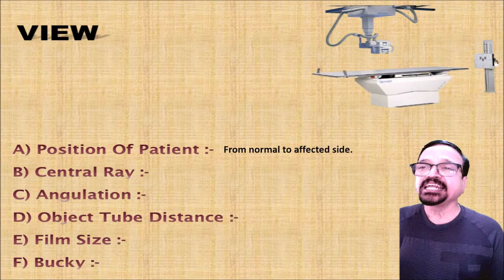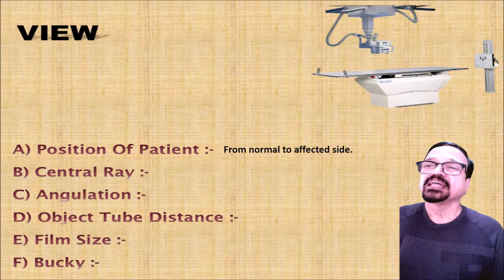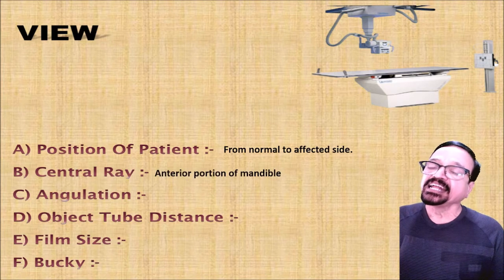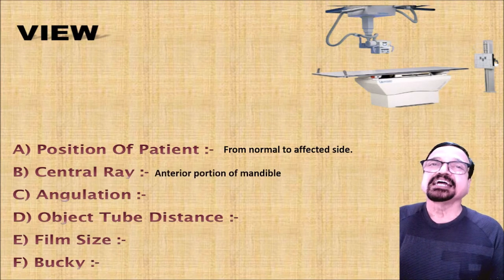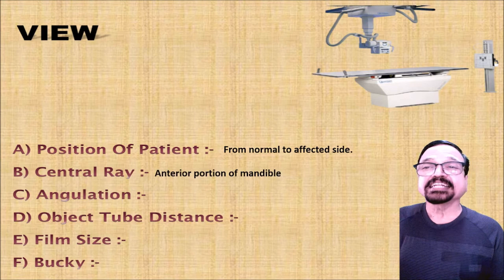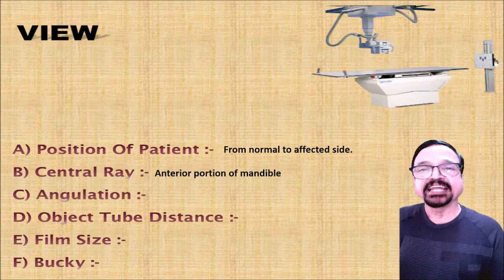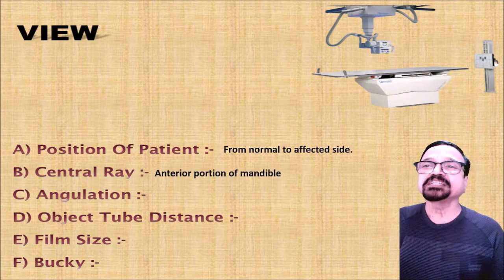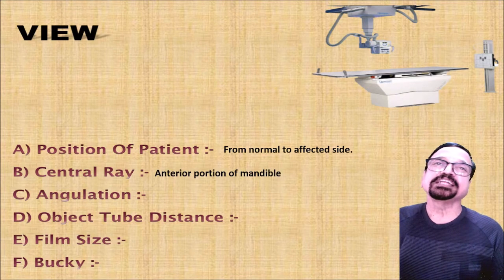Now in this patient, the ray directs in such a way that the non-affected side or normal side is anterior. In other words, you ask the patient to keep the side which has the pathology close to the cassette. So in the lateral view, the ray is side to side. Whether to use the right side or left side will depend on the pathology.